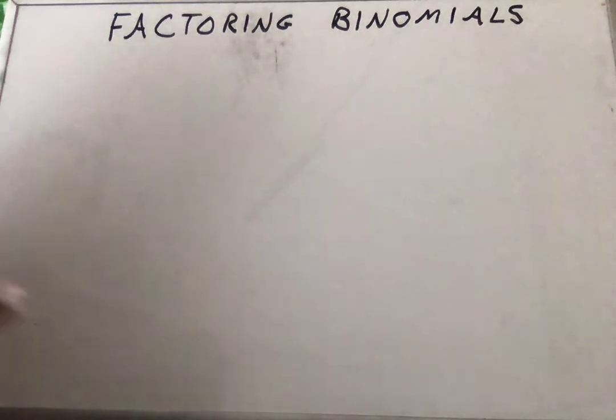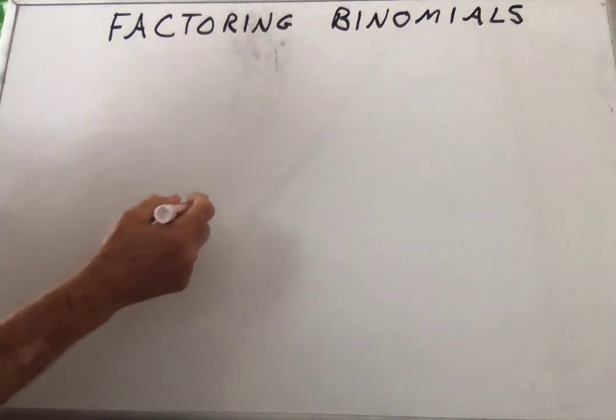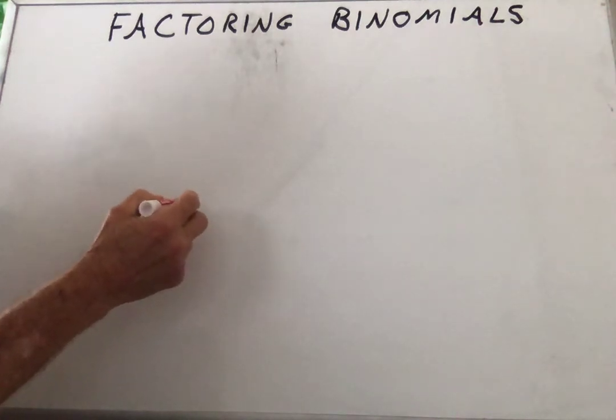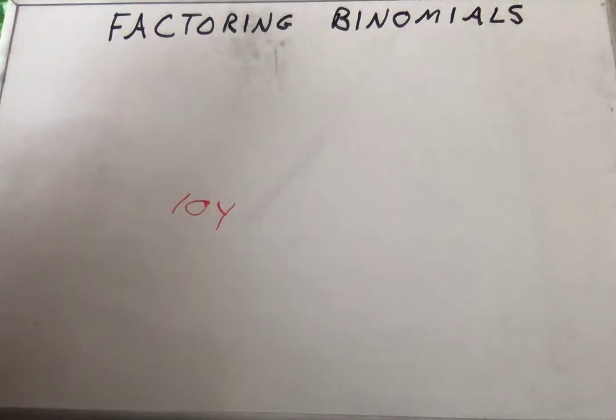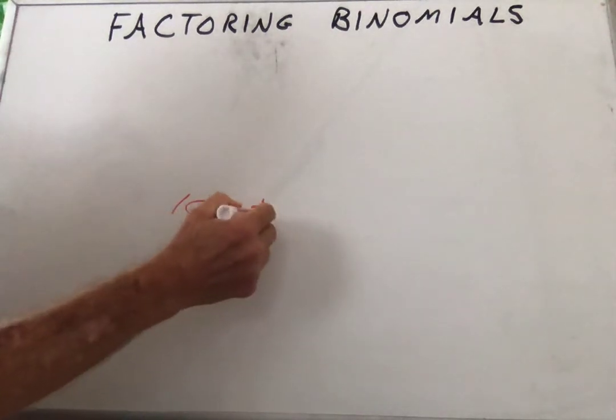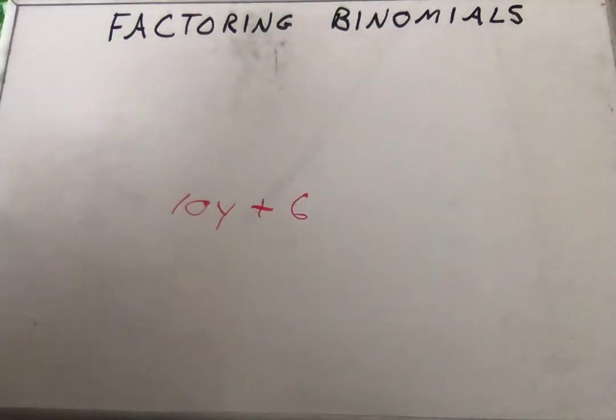So, for example, a monomial, single mono, would be something like 10y. If I add something to it, so those aren't like terms, they can't be put together, that's 10y plus 6, that's a binomial, because there's two terms there. So that's all we're talking about today. Bicycle, 2 wheels, binomial, 2 terms.